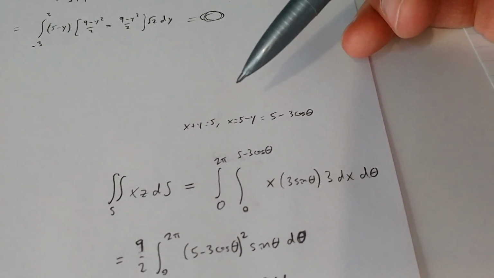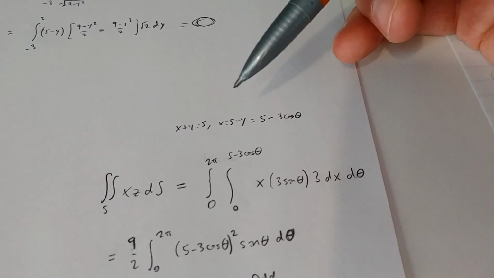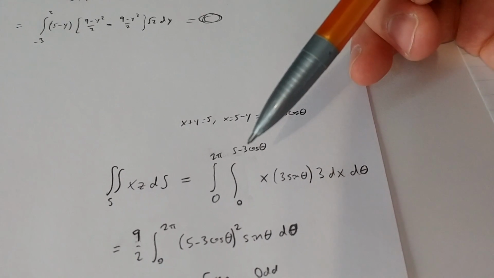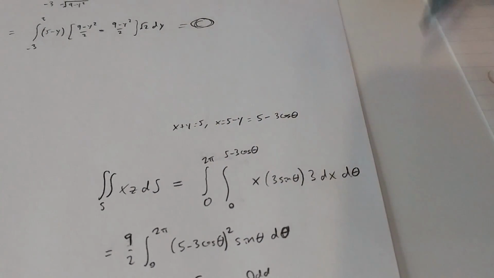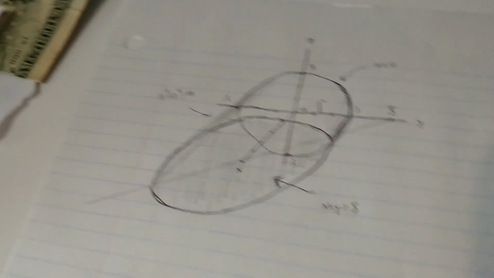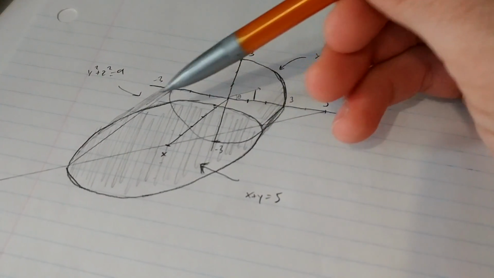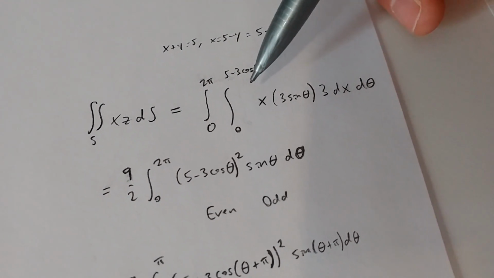So we're integrating along the cylinder. So theta is going to go from 0 to 2 pi, and then x, the x direction, is the one that's going to have a curve as one of the bounds, because it gets stopped by this plane that isn't just a constant x value. It varies with theta. So that's going to be our inner integral.